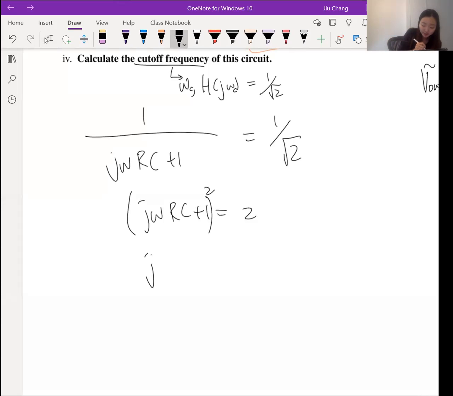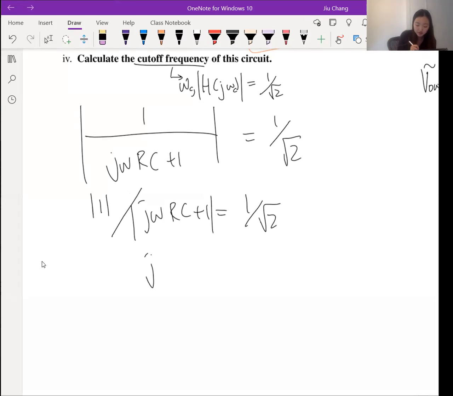Okay, my bad. We want the magnitude of our transfer function to be 1 over root 2. So that means our magnitude of the numerator over the magnitude of the denominator is equal to 1 over root 2. But our magnitude of the numerator is just 1.